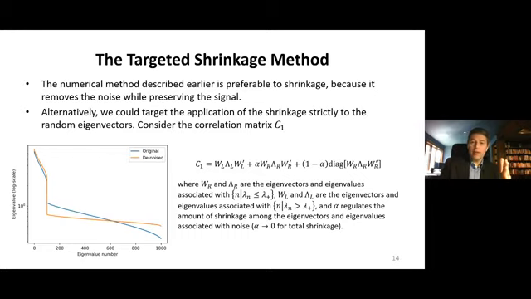We can leave the signal alone and shrink the eigenvalues associated with noise. And this is what I'm showing you in this plot. For the eigenvalues associated with signal, we leave them essentially as they are. For the eigenvalues associated with noise, we shrink them.